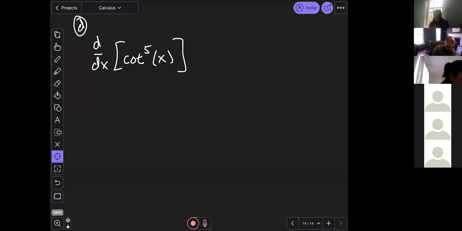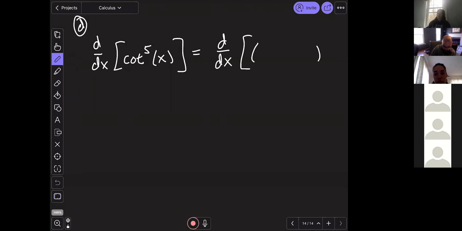What we're seeing right here is this 5, which is a little bit confusing when we have exponents on trig functions. So what I would do is rewrite this, and instead of using this notation, introduce a set of parentheses and rewrite my function like this.